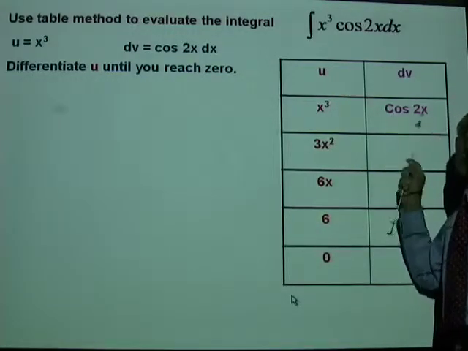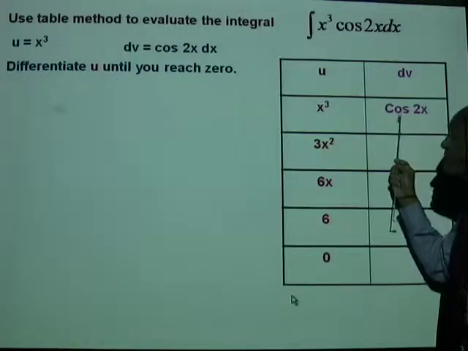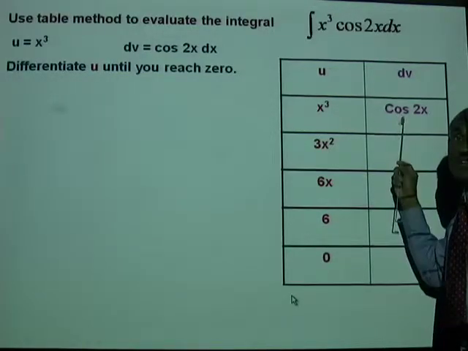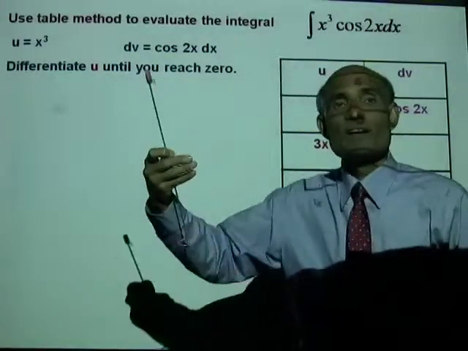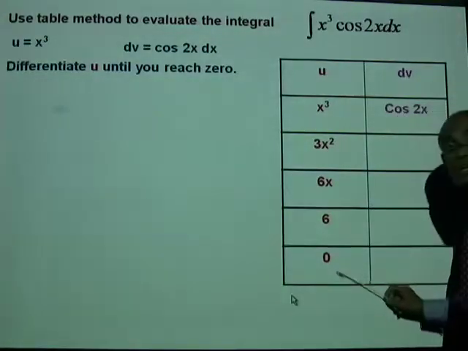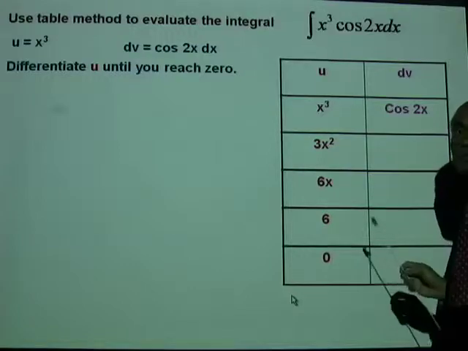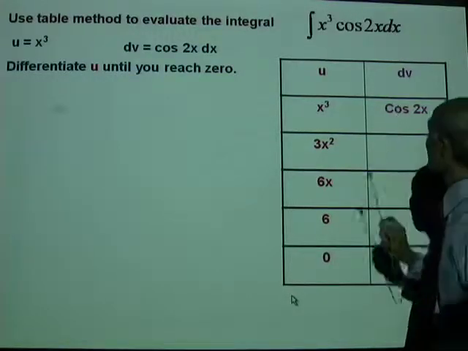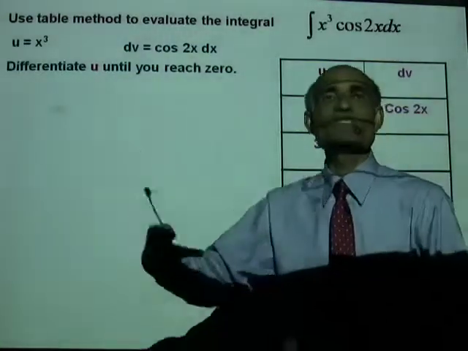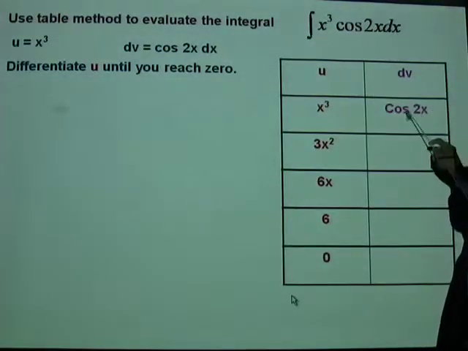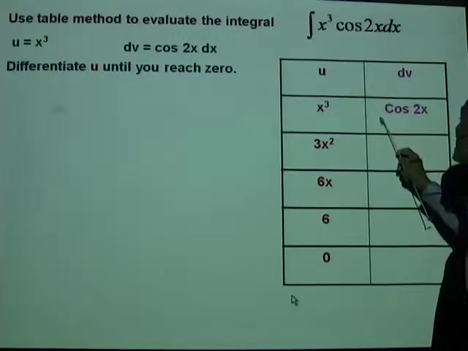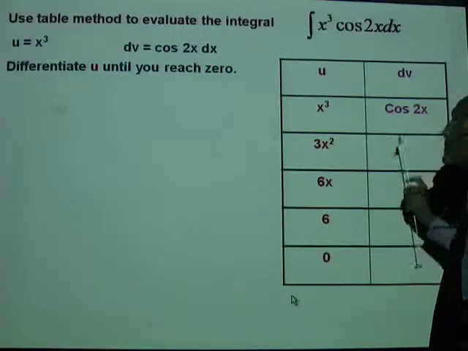Now on the right side, what do we do? We integrate dv. This is our dv. Integrate dv continuously until you reach the last row. Alright, what is integral cos 2x dx? Now there must be a dx there, because your dv is cos 2x dx, so don't ignore that.